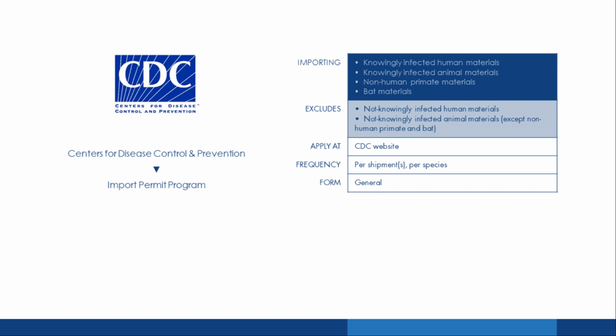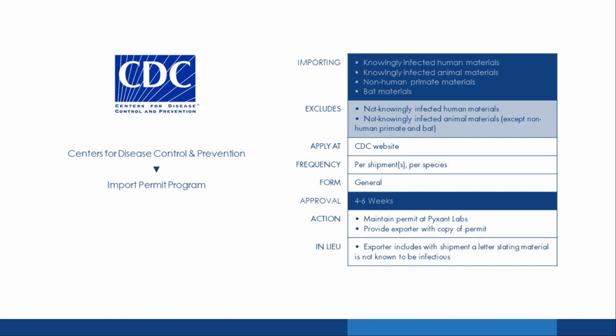Again, this is a permit, it's not a license. So the permit is a one-time use, and it's per duration of shipment, and it's per species. And conservatively, it can take 4 to 6 weeks for the CDC to approve an application. And then once we do, we maintain a permit at Pixent Labs, and we also provide the exporter with a copy of the permit.